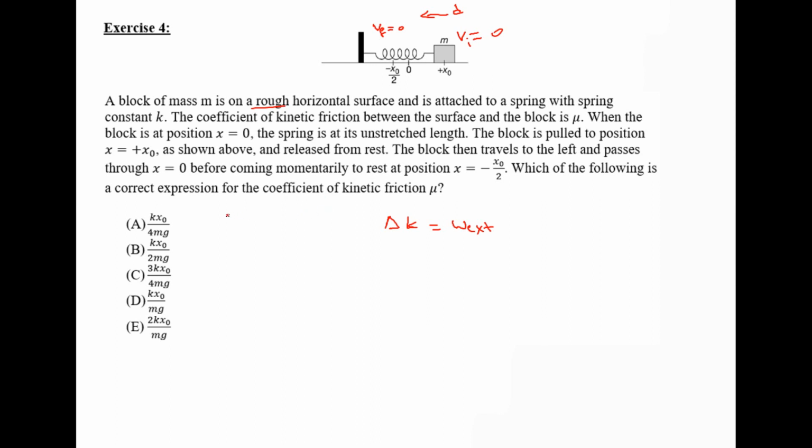Notice that you need to mention here, if this is a free response, that you apply the work energy theorem. Now what are the external forces acting on the block? We have the pull of gravity down, we have the normal push up, we have the friction to the right because the displacement is always to the left, going from the initial to the final position.